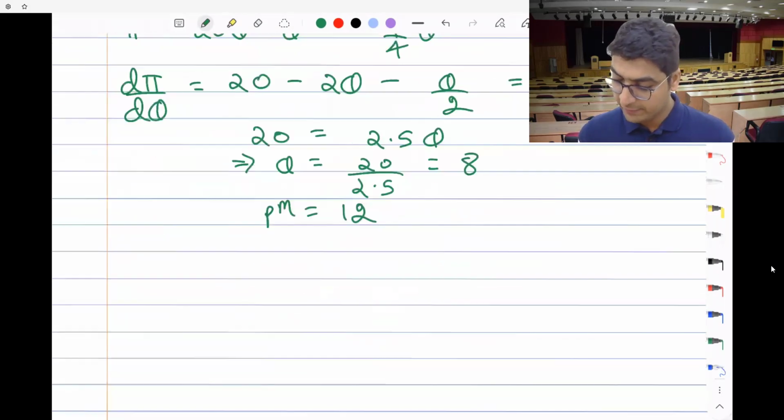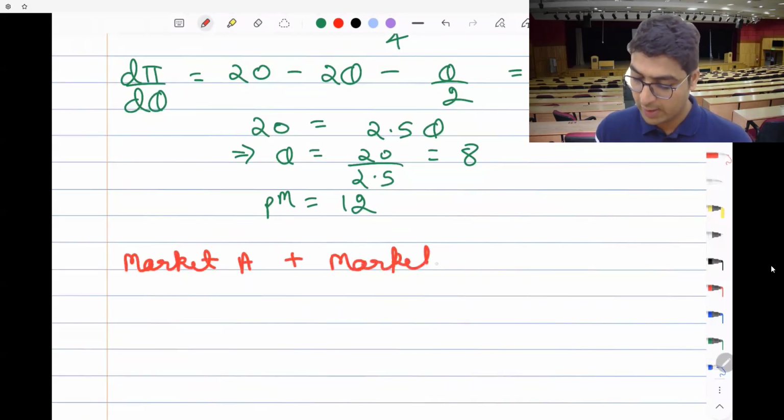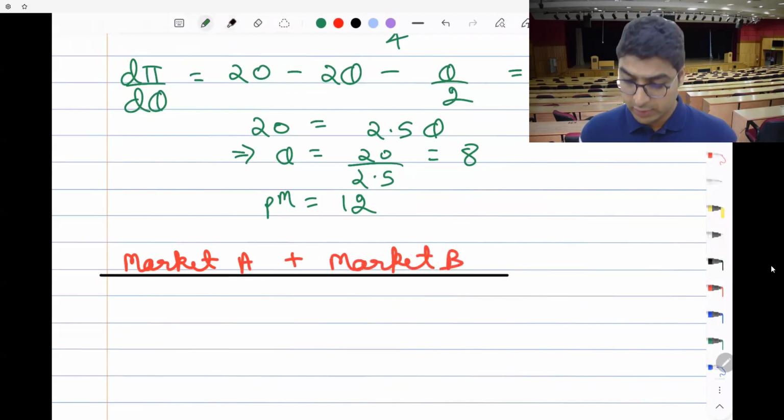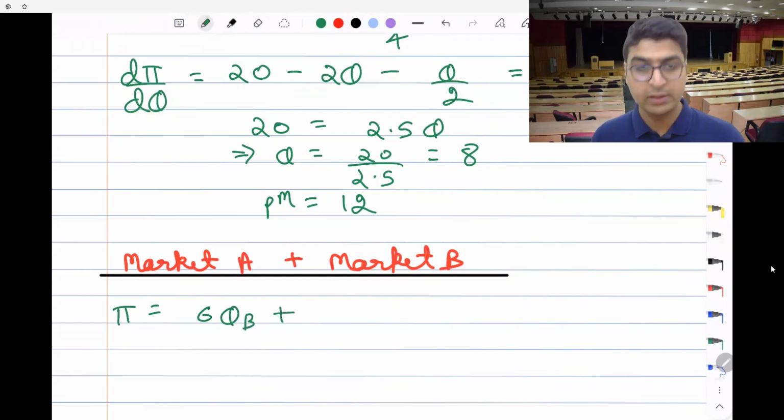But if it operates in both markets, market A as well as market B, then what will happen? In that case, the profit function would be: in market B the price it was charging was 6, so 6 into whatever quantity it sells in market B, plus the inverse demand function of market A into the quantity.